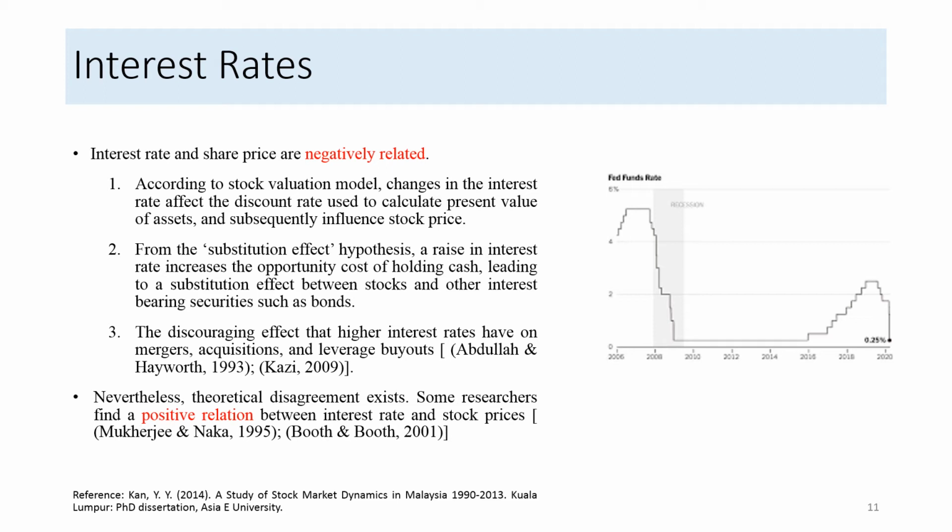In addition, a high interest rate raises the cost of capital, reduces corporate profitability and future cash flows, thus negatively affecting stock price. Second, from the substitution effect hypothesis, a rise in interest rate increases the opportunity cost of holding cash, leading to a substitution effect between stocks and other interest-bearing securities, such as bonds.